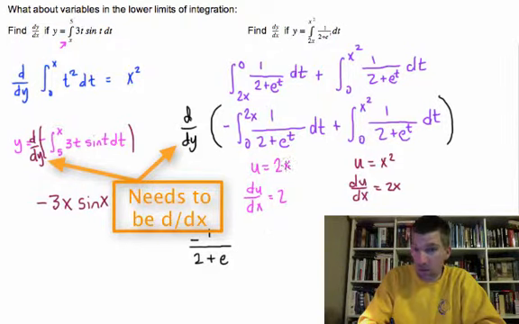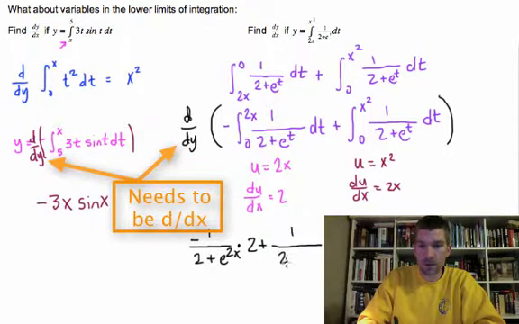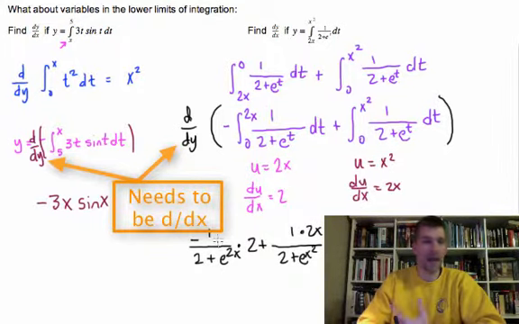Remember, that's what the u is, times 2, plus 1 over 2 plus e, and then again my upper limit of integration right here, where the t is going to be this x squared, times 2x. Let me move that over a little bit, because that's the derivative part. And so you're going to get a really wacky answer here, and that's okay.